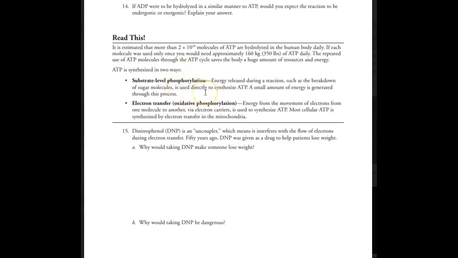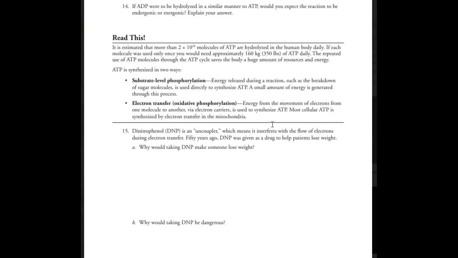One way is called substrate level phosphorylation, where a reaction happens, and through this reaction, breaking something apart, that energy release ends up attaching a phosphate to an ADP. There's another way, which we're going to learn about later this unit, where you've got this big cascading waterfall effect with electrons and cell membranes.